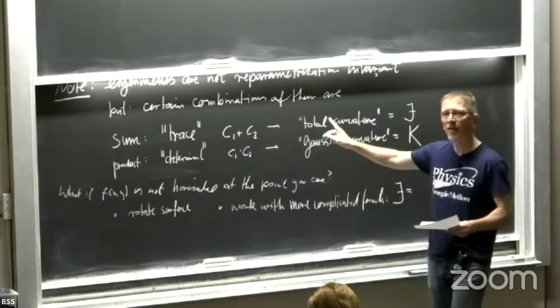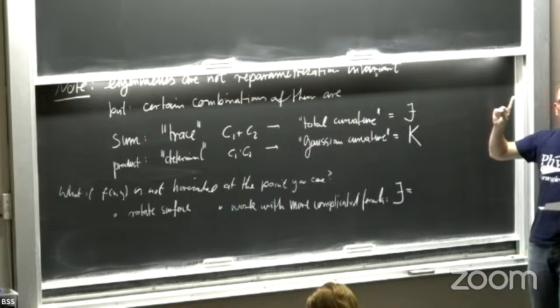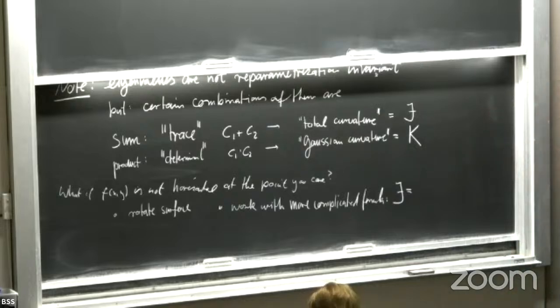So trace of the Hessian, what is this? It's d²f by dx² plus d²f by dy². That's the Laplacian of f. So the Laplacian is the curvature if the thing is flat. What if it's not?